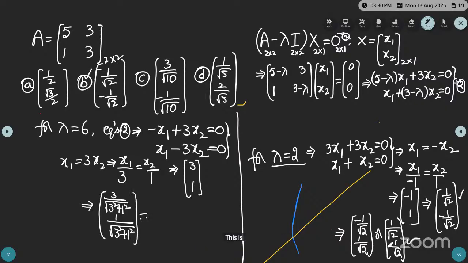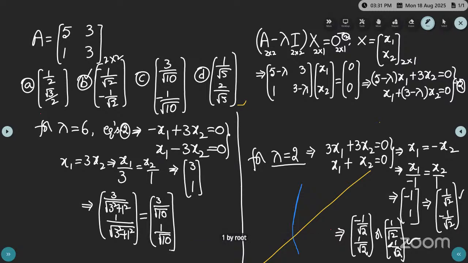This is equals to 3 by root 10, 1 by root 10. One of the normalized eigenvectors is 3 by root 10 comma 1 by root 10.